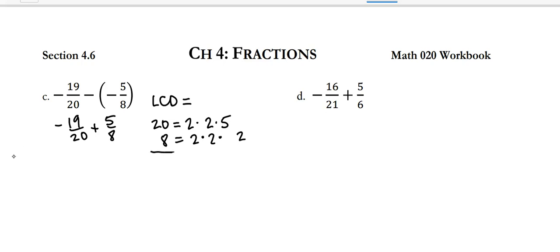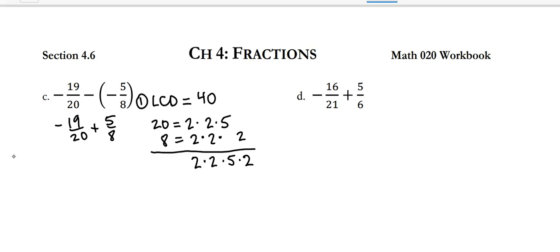All right, so here's our columns. Now let's go ahead and bring them down. So I have 2 times 2 times 5 times 2, which when you multiply those numbers, you will have 40. Okay, LCD is 40.